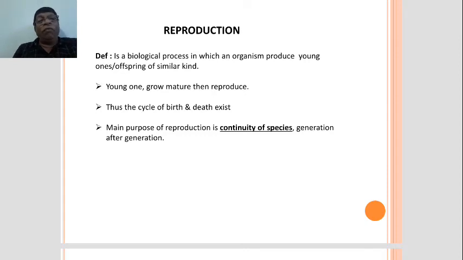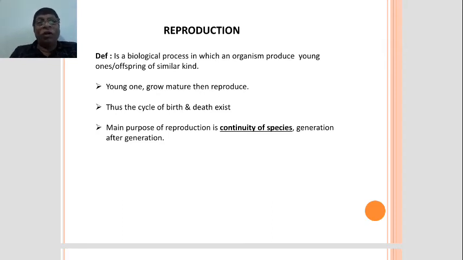Now we know that an organism reproduces in its lifetime. Why should an organism reproduce? What is the purpose of reproduction?